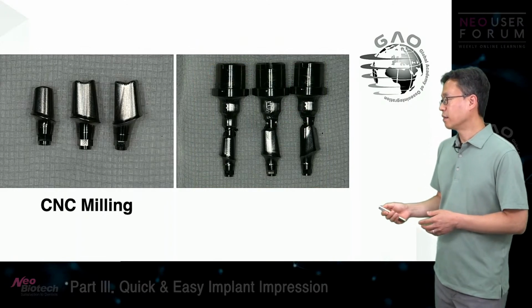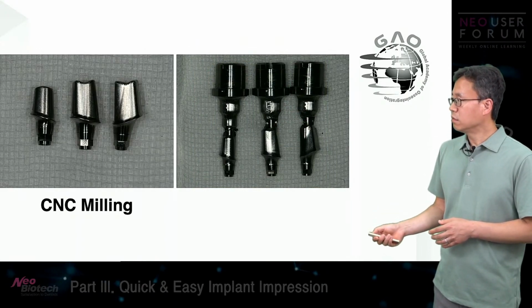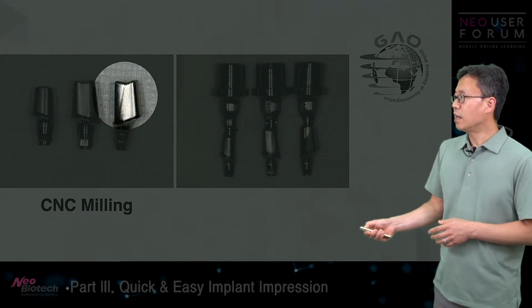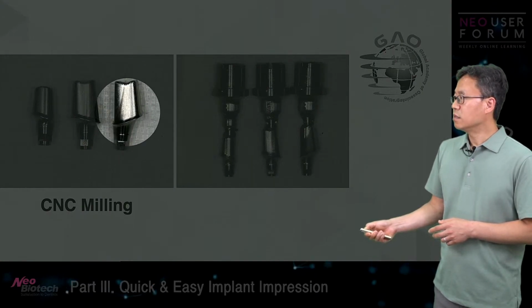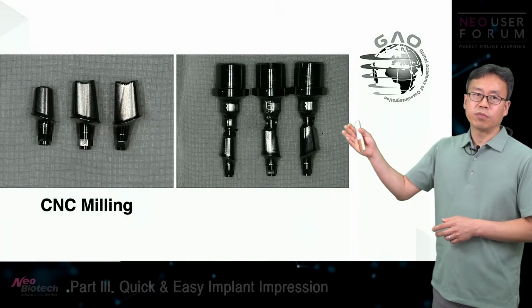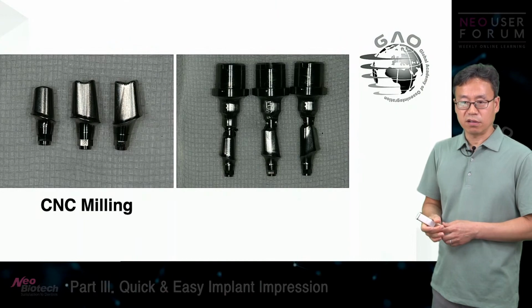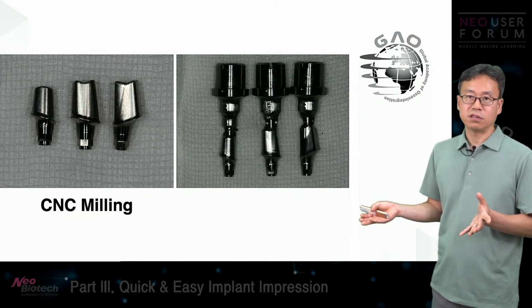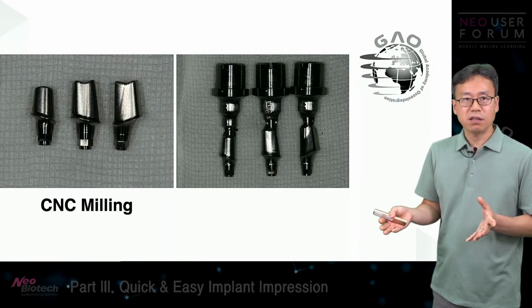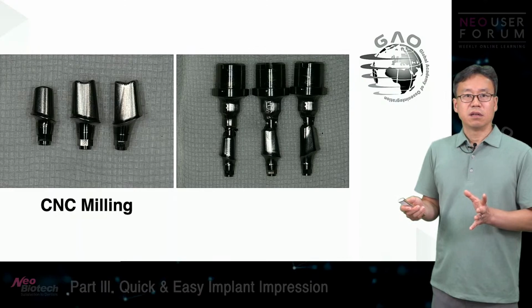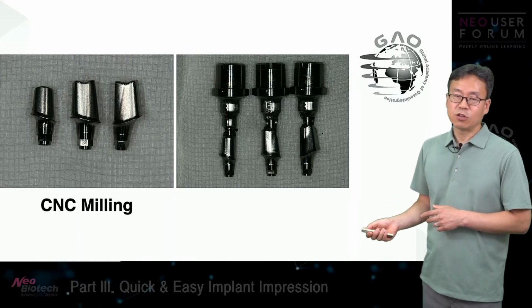People believe that if they can mill the connection part at the same time as they mill the coronal part of the abutment, they might have the better result, better accuracy, and better fitting. But I personally don't believe in that.